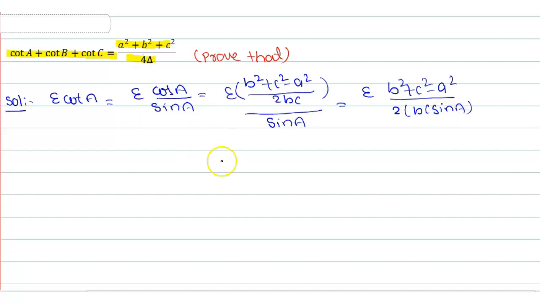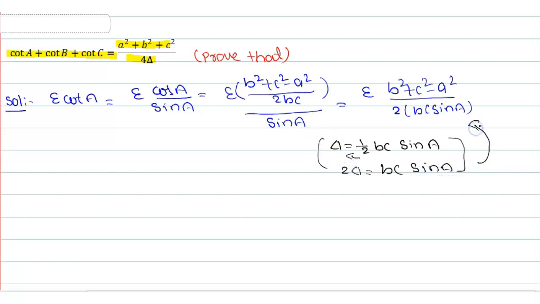Here actually we have the formula delta is equal to half bc sin A. We can cross multiply the 2 here. In that condition I can write it as 2 delta is equal to bc sin A. Here I can replace bc sin A with 2 delta, right?